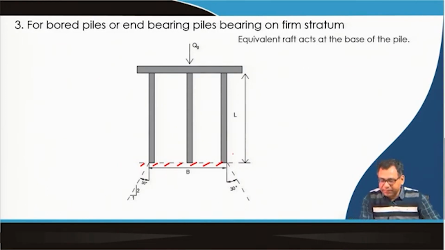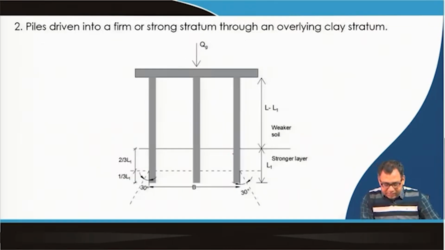So, you place the raft at the base of the pile if the pile is resting on a very strong strata. And if the top layer is soft and the bottom layer is very stiff and the strain difference is very significantly high, then we place the raft at 2/3 from the top of the second layer, the stronger layer.